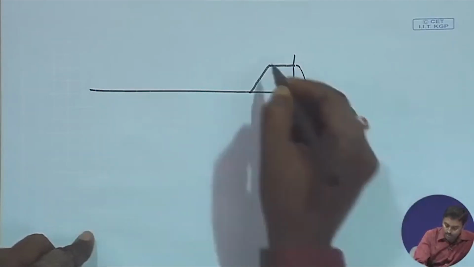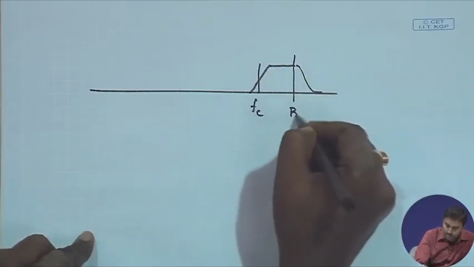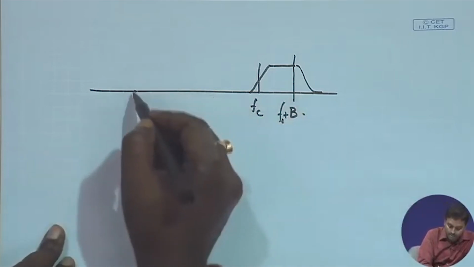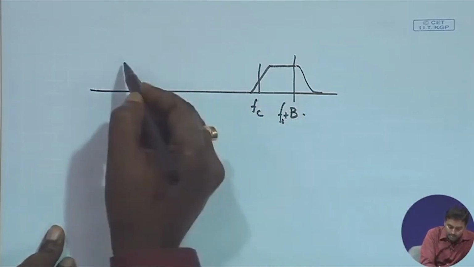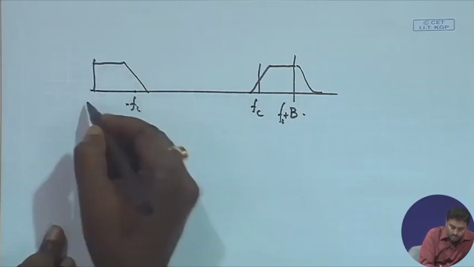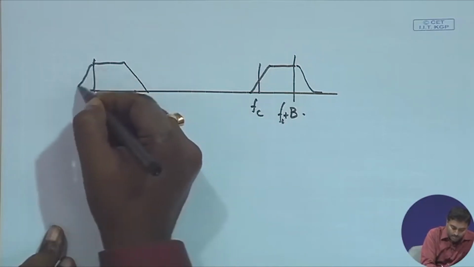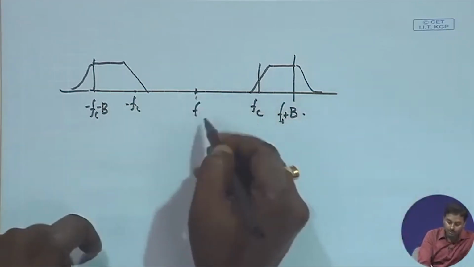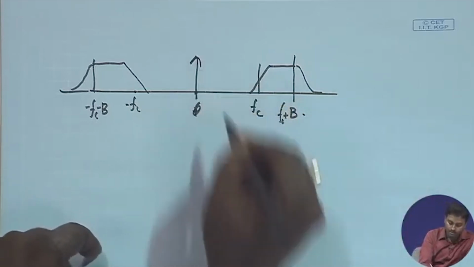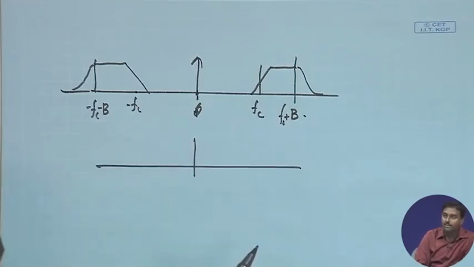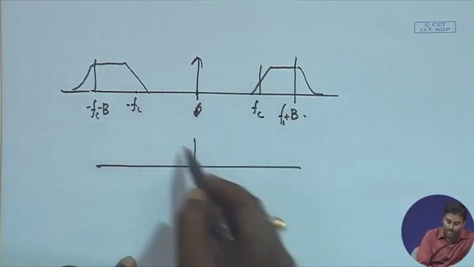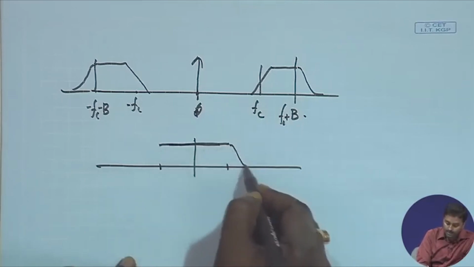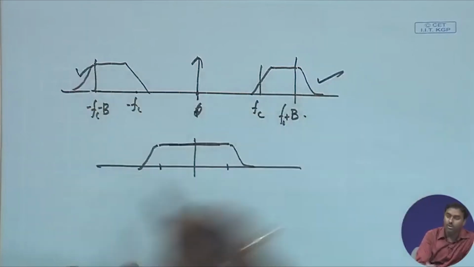Let us say this is my fc, and this is up to fc plus B, and this is fc minus B. After that it might have any roll off, that is not a problem, because if you do H_I(f plus fc) and H_I(f minus fc), these two will add up to 1, so between minus B and B it will be flat, after that it will have this roll off.